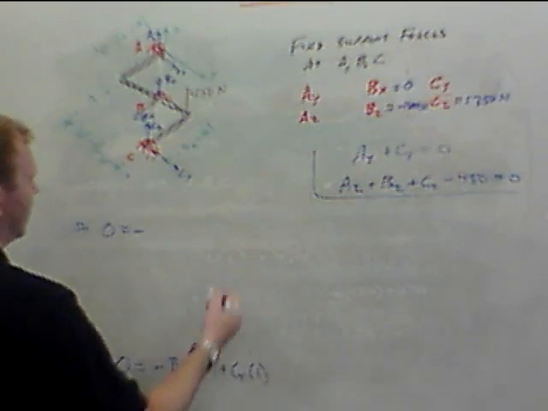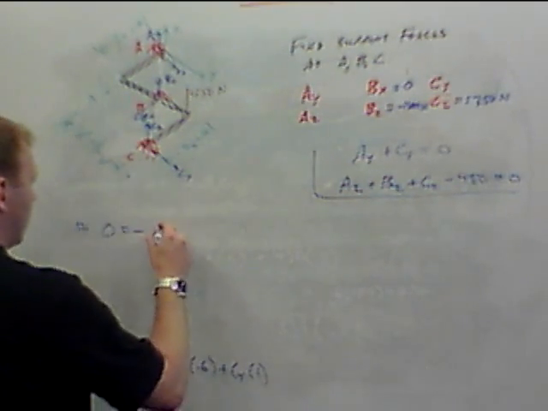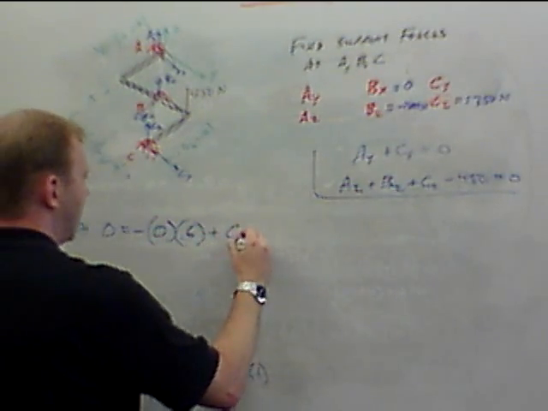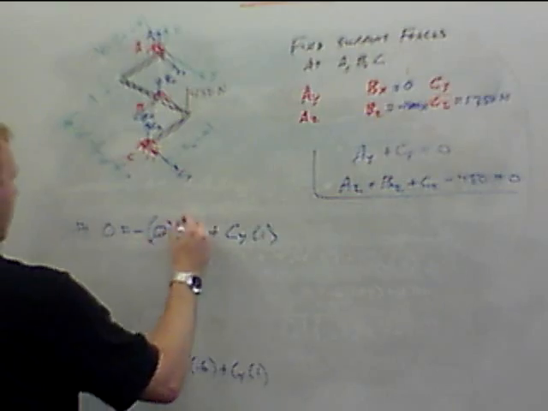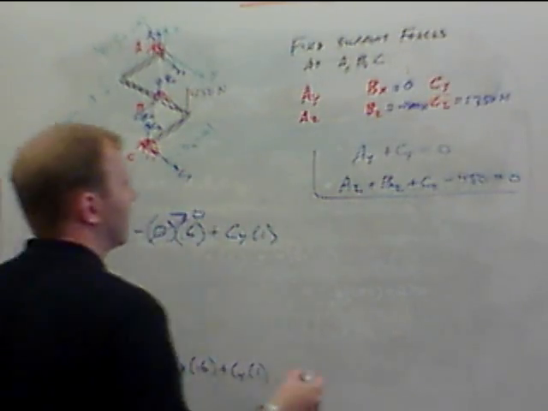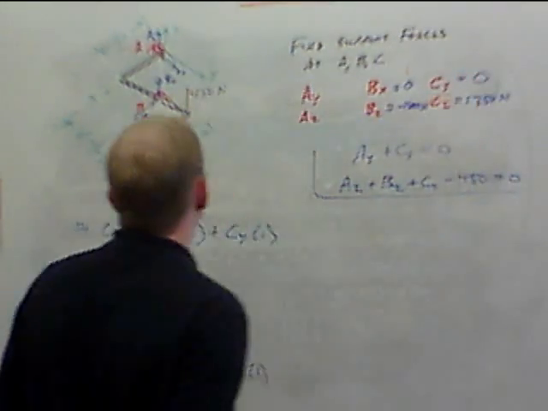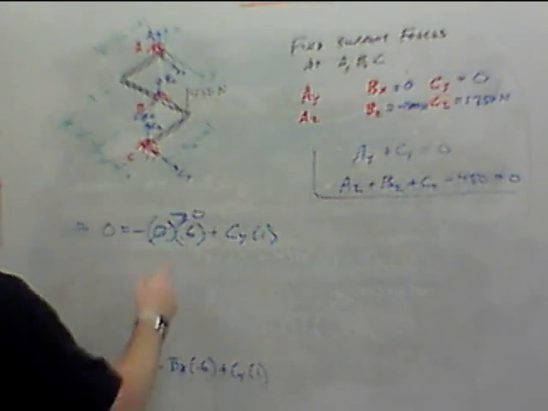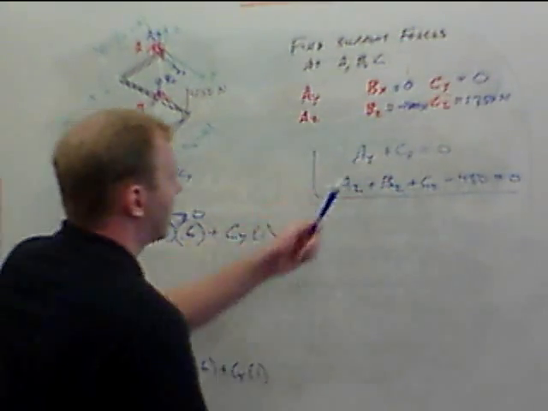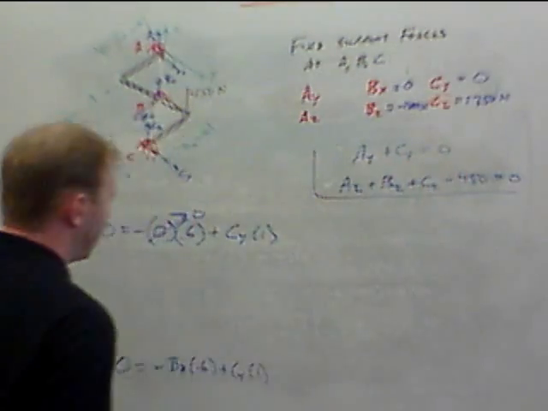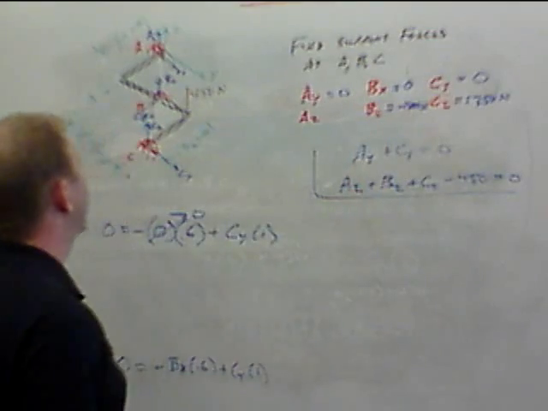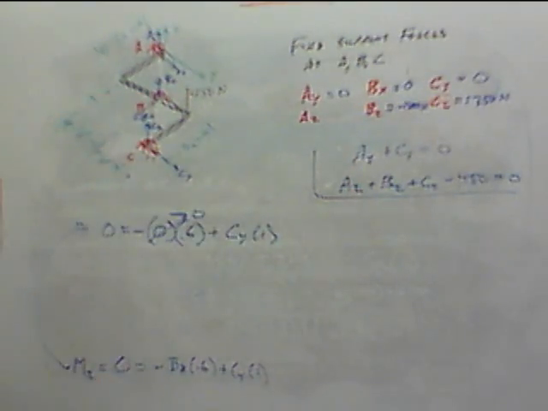Bx is 0, so minus 0 times 0.6 plus Cy times 1. This goes to 0. Cy times 1 equals 0. Cy is 0. Okay, so there's no force, and that's going to give us, for this equation, Ay plus Cy is 0. If Cy is 0, Ay has to be 0. That tells us that Ay, Bx, and Cy are all 0.